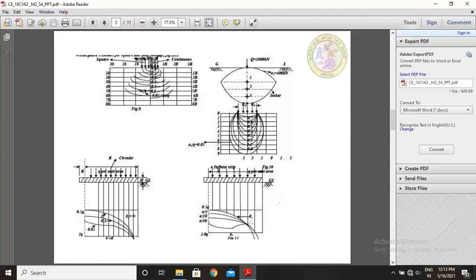Here x is the distance, intervals. So while applying the surcharge load, stress is increased along the depth of the footings. An isobar is nothing but a contour line. If the stress is increased, the stress lines are increased in terms of semicircle curve nature, that is a non-linear shape of the curve.